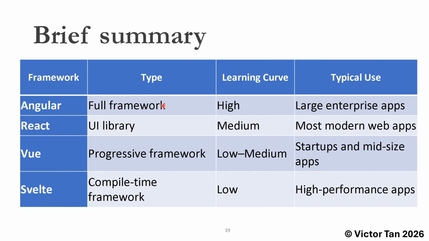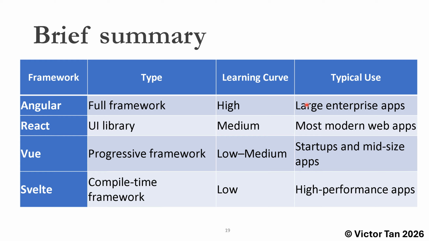I'm going to run through in detail the so-called fundamental features of a front-end framework. But essentially, Angular has it all, which means most of the time, I wouldn't say all the time, you will not need to import any additional libraries to make your Angular app work properly. The only problem with Angular is that because it is such a complete framework, incorporating every single functionality possible, the learning curve is very high. It takes a long time to learn and understand it.